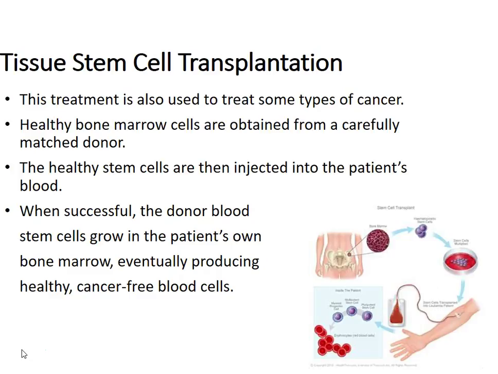Okay, so these healthy stem cells get put into the patient's blood, and when these transplants are successful, the donor blood stem cells are going to grow in the patient's own bone marrow. So it's going to kind of take over and produce those healthy, cancer-free blood cells.